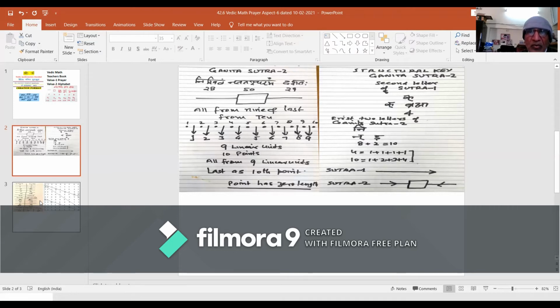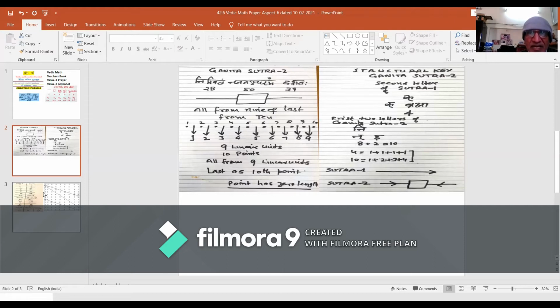Therefore, when we are comprehending this organization of 10 points and 9 linear gaps, then if we are chasing this arrangement from the first point to the last point, means from one end of an interval to the other end of the interval, then it can be exhaustively covered in 9 steps.